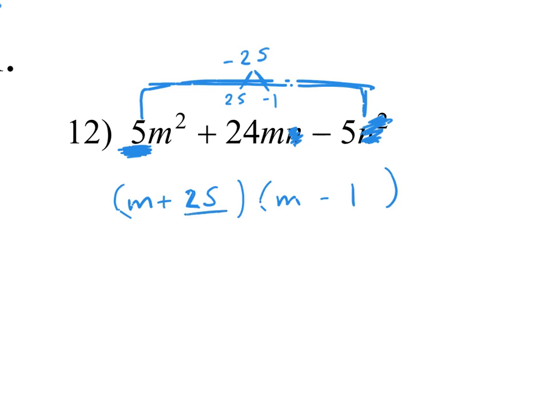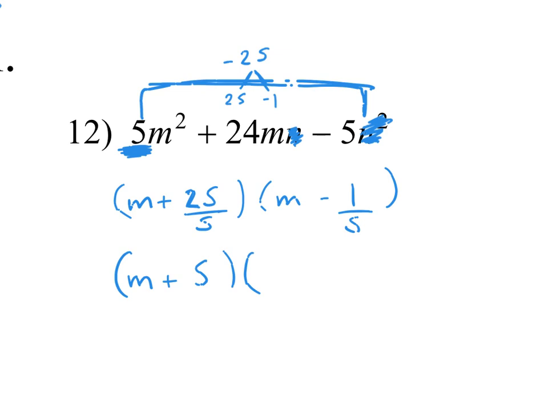So we're dividing both of these by that number. What's 25 divided by 5? 5. What do we do when it doesn't divide? So we can't divide 1 by 5. Where do we put it? Leave it as is.